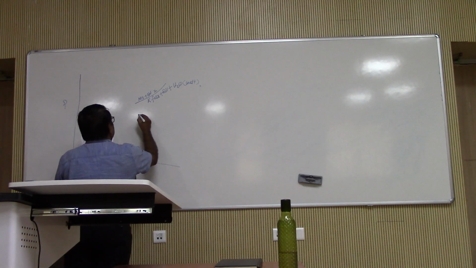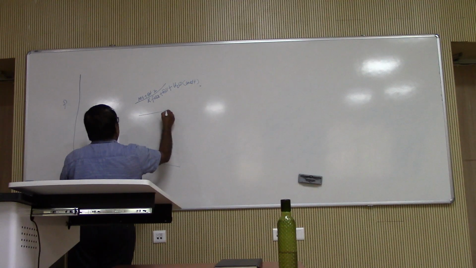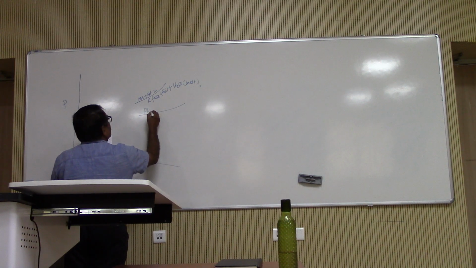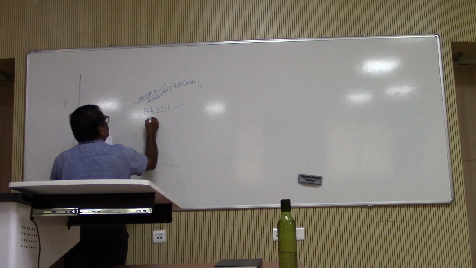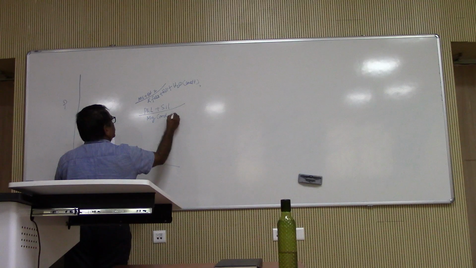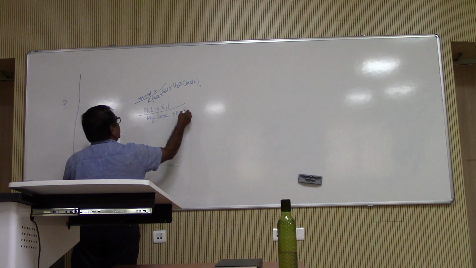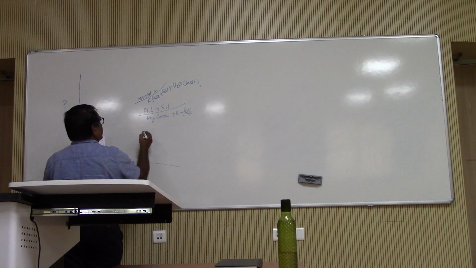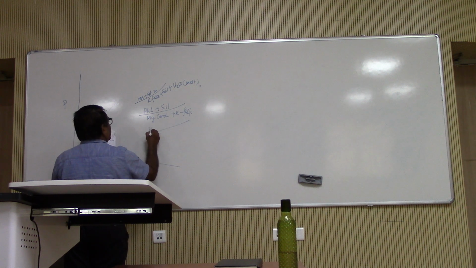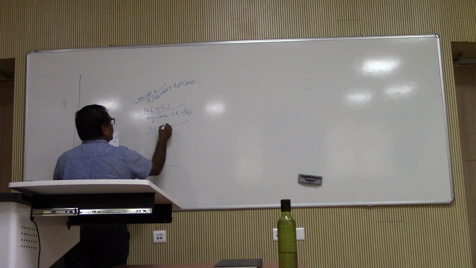Second, this is PHL, phlogopite, plus ilmenite giving rise to magnesium cordierite plus potash feldspar. Then another curve I have told you, biotite plus ilmenite giving rise to iron cordierite.